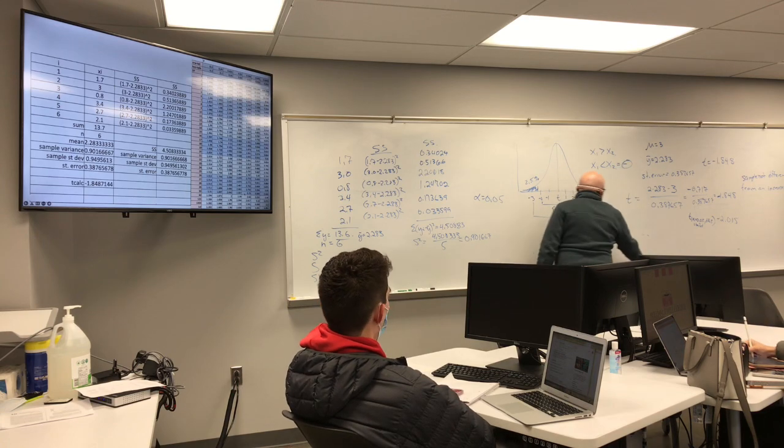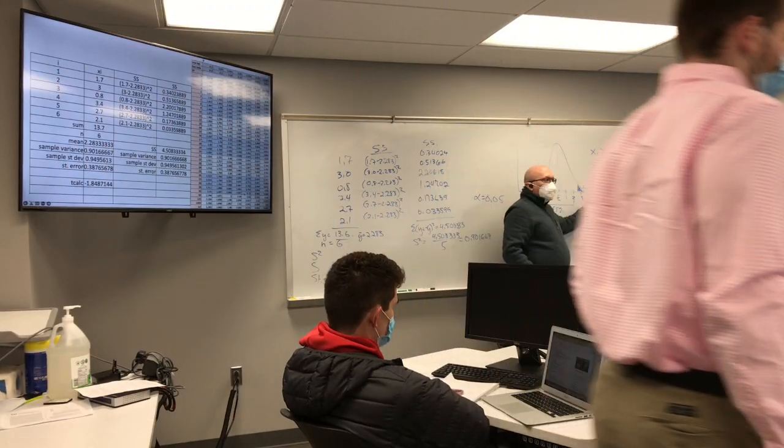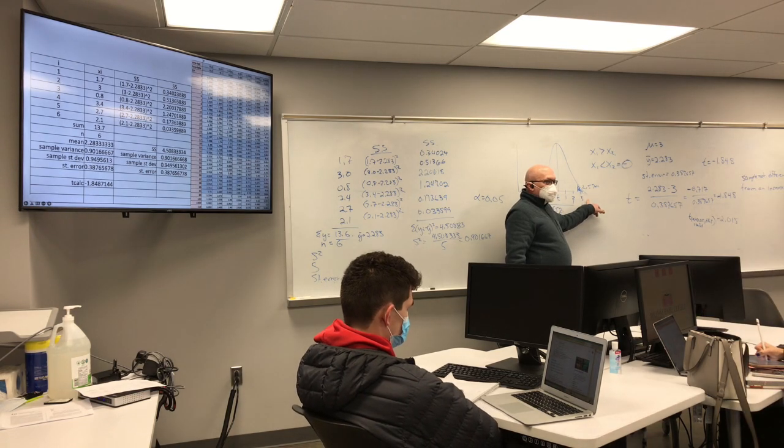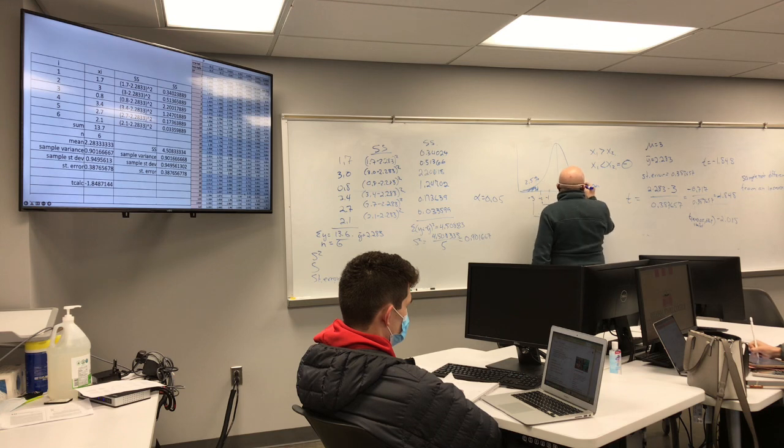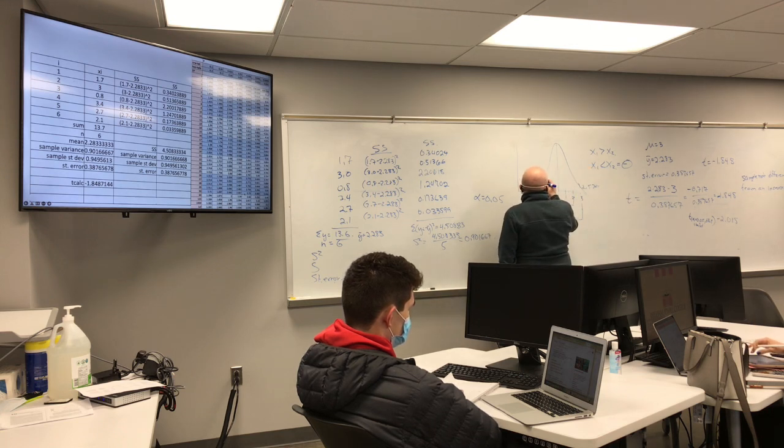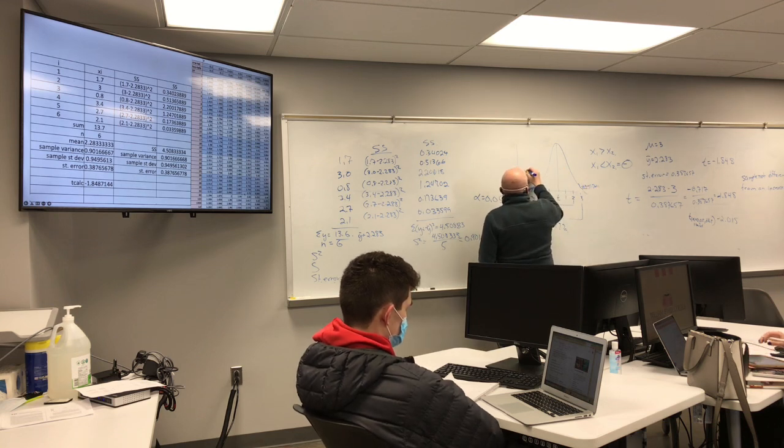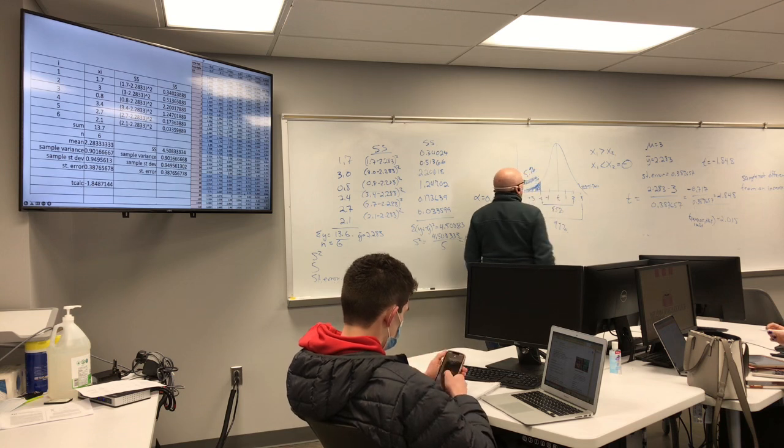And so we don't really care about whether that difference is positive at all. We want to know, is our sample less than the hypothesized value? So we take all of that 5% and we stick it down here.